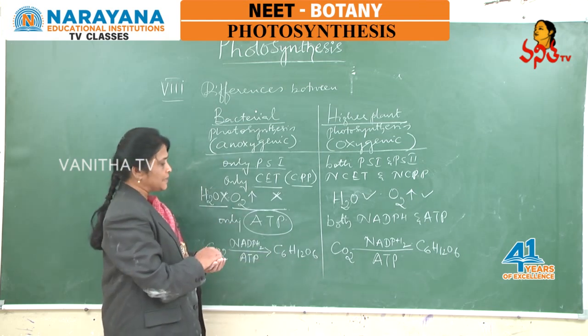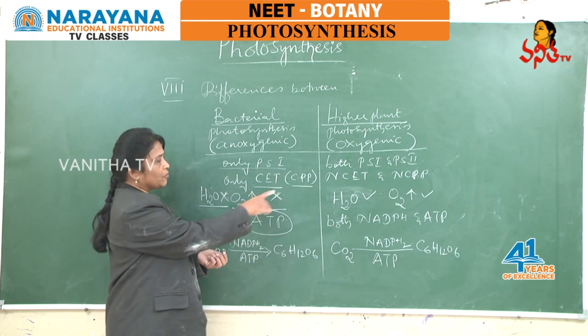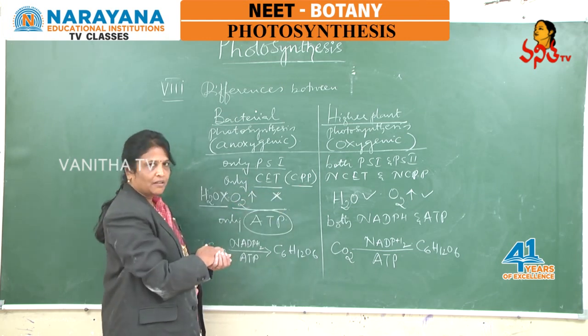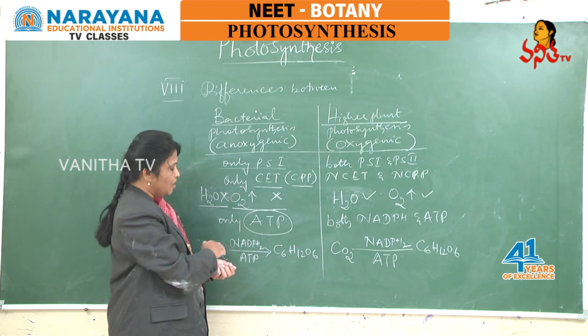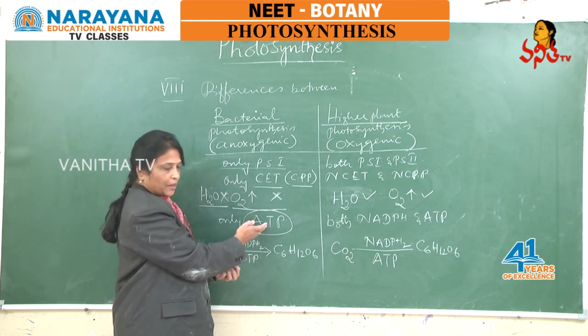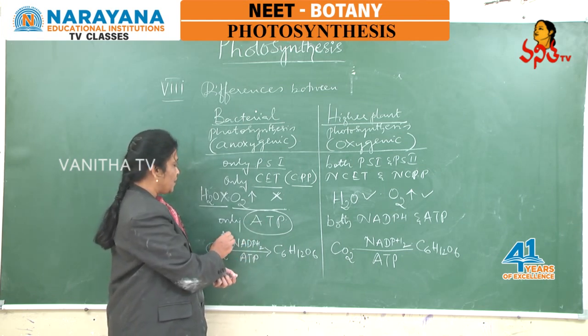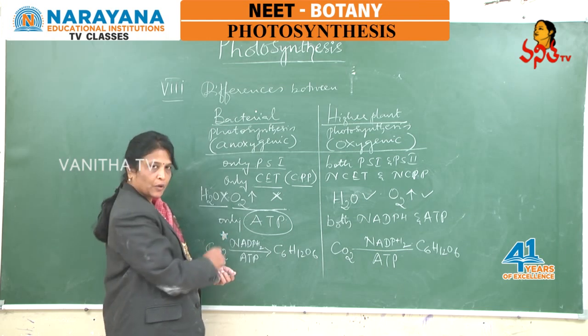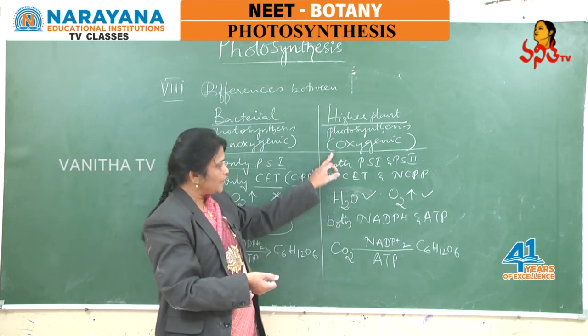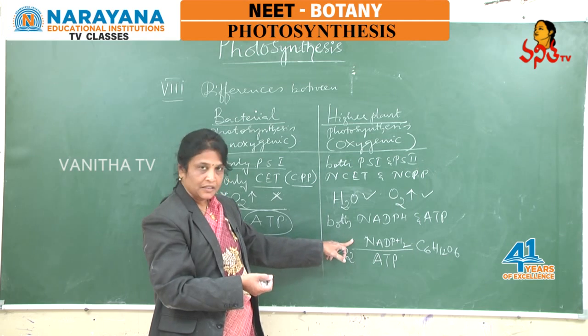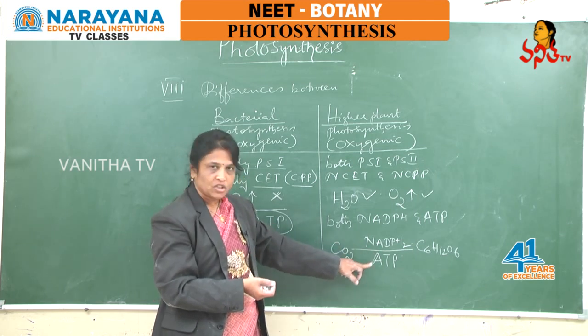Now the question is, as cyclic electron transport and cyclic photophosphorylation, that is the light phase of bacteria, provide only ATP, then what is the source of NADPH2? That is the big question. Here in higher plant photosynthesis, the light phase end products are both NADPH and ATP.